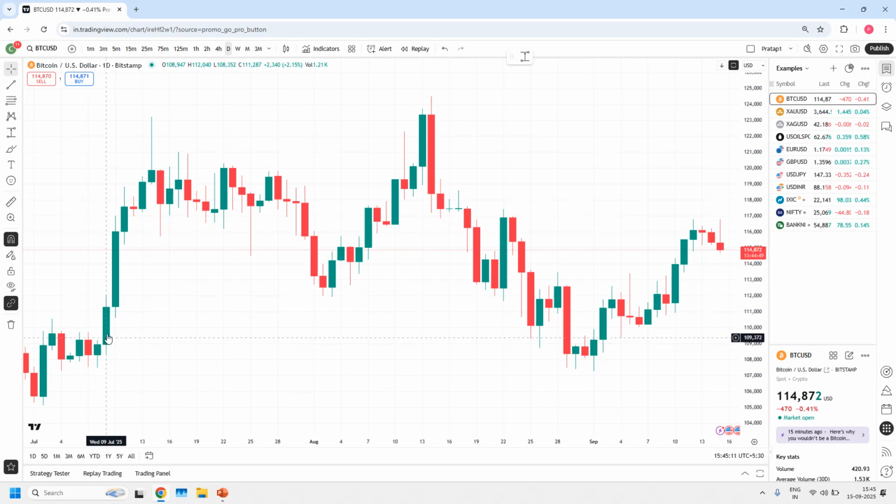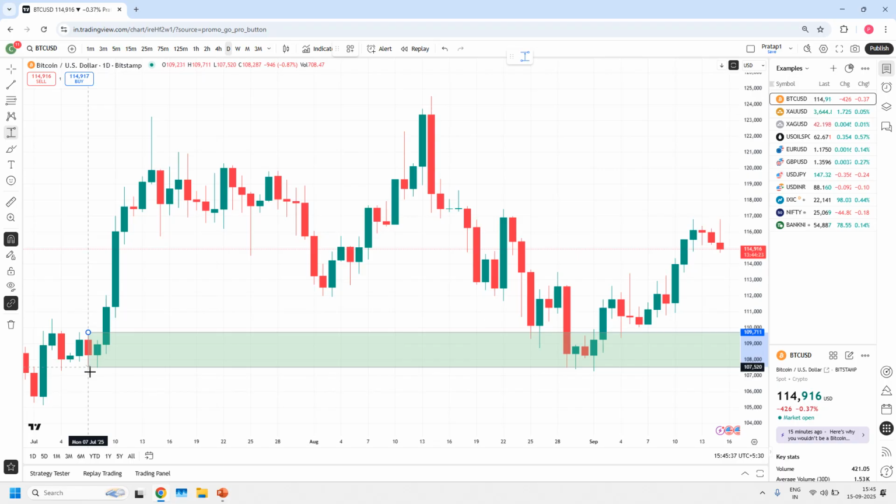A zone having a follow through leg out candle. This is a leg out, a follow through candle. It is also a rally candle. Leg out is always a rally candle. Follow through candle is also a rally candle. Such zones are called zones having excellent strength.